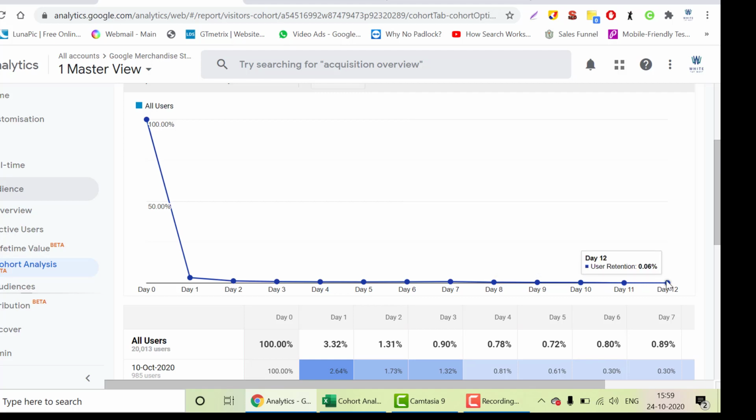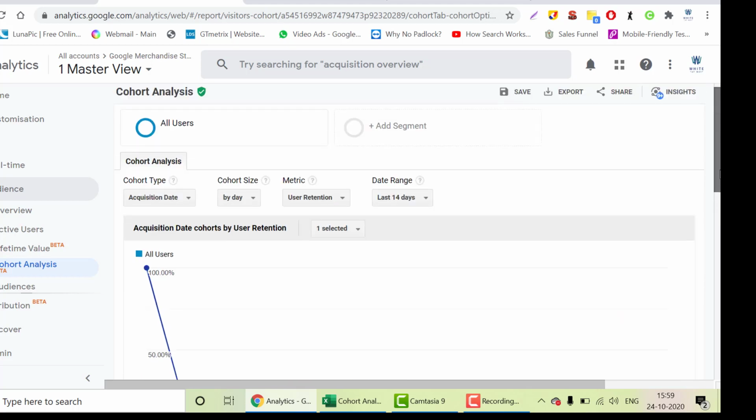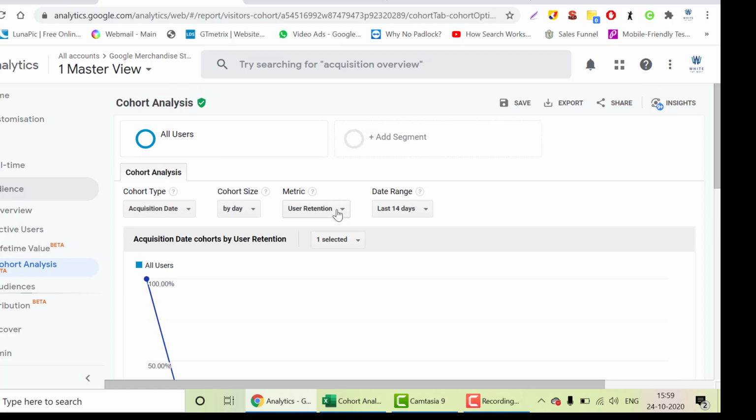There is still a gap, and on the 12th day this particular website, the demo account of Google, is able to retain 0.06% of the users. The metric over here is user retention, because we are trying to analyze how many users my website is able to retain.